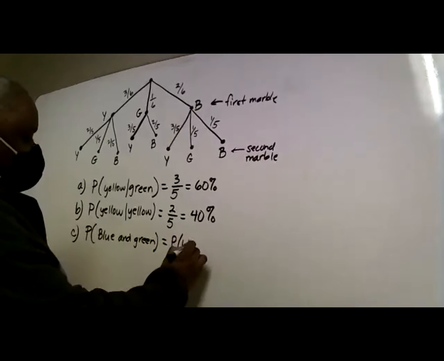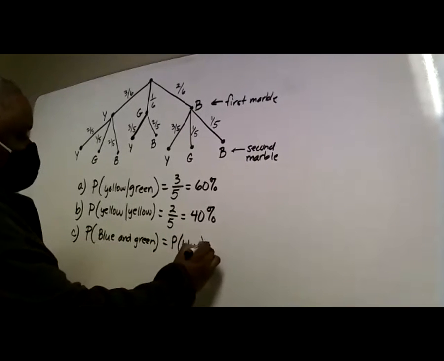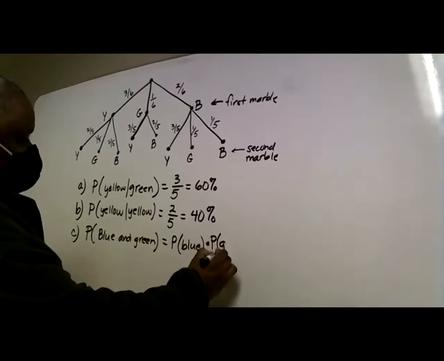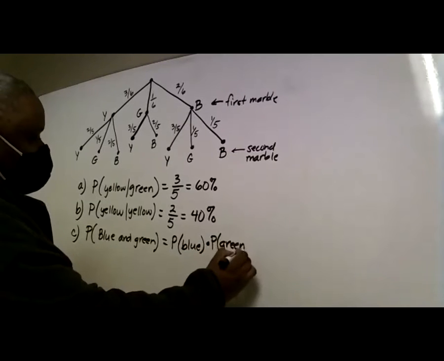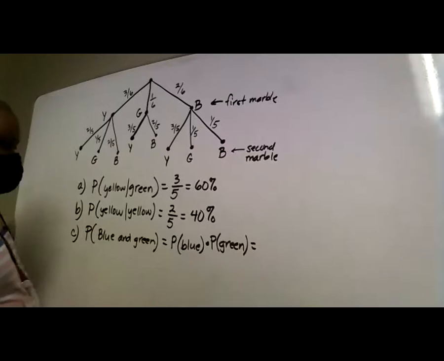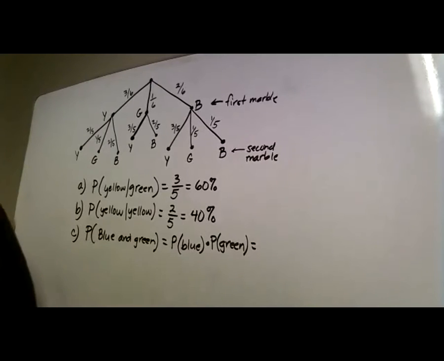The probability of selecting a blue times the probability of selecting a green marble. So the first marble has to be blue and the second marble has to be green.